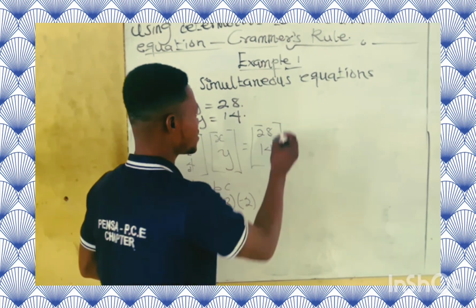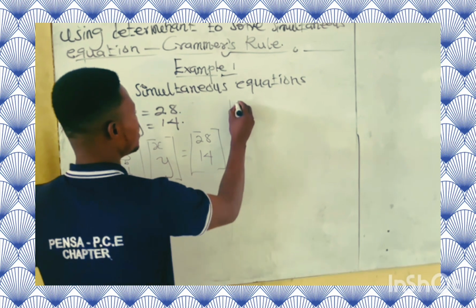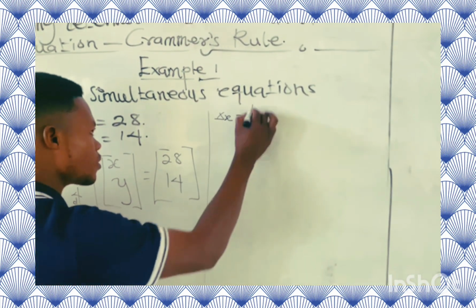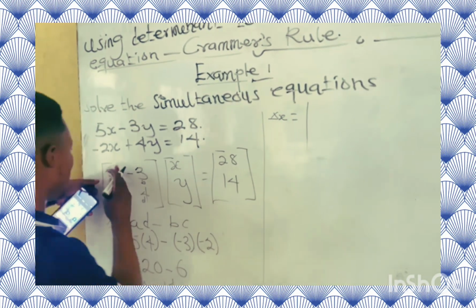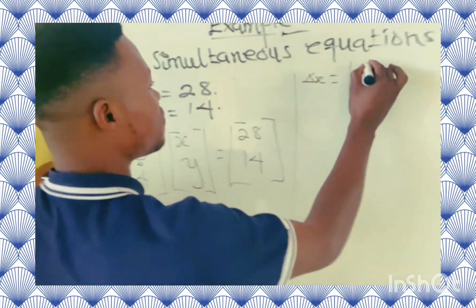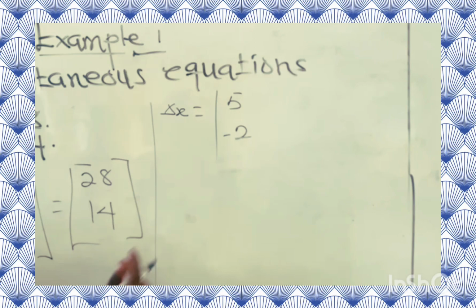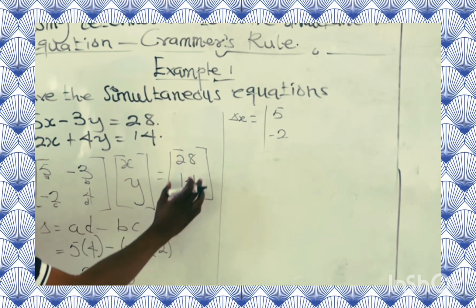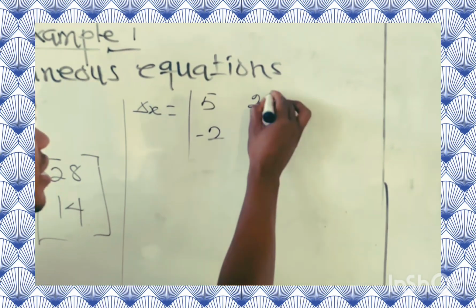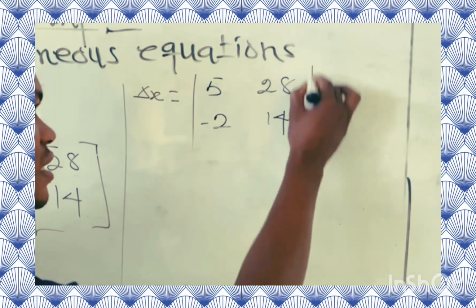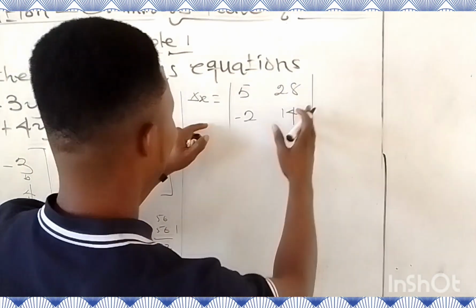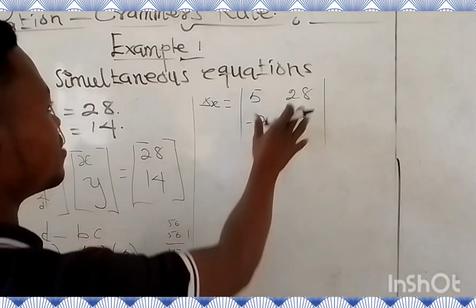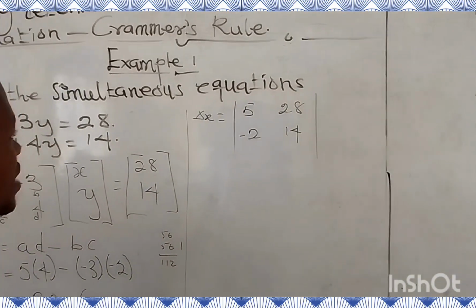So we maintain the values of x, which are 5 and negative 2, and substitute the values of y with the constants 28 and 14. That is the matrix for the determinant of x.